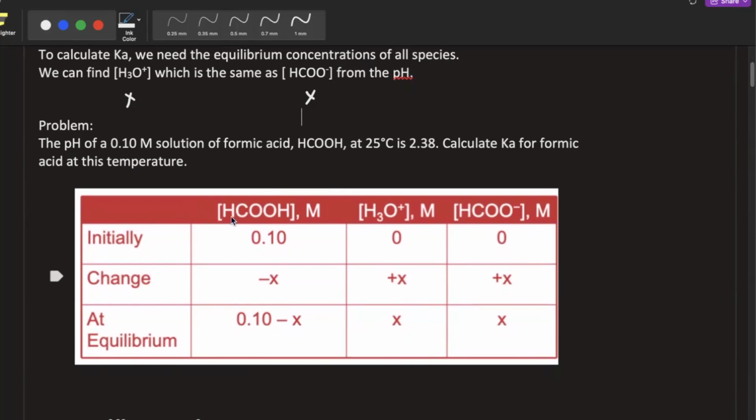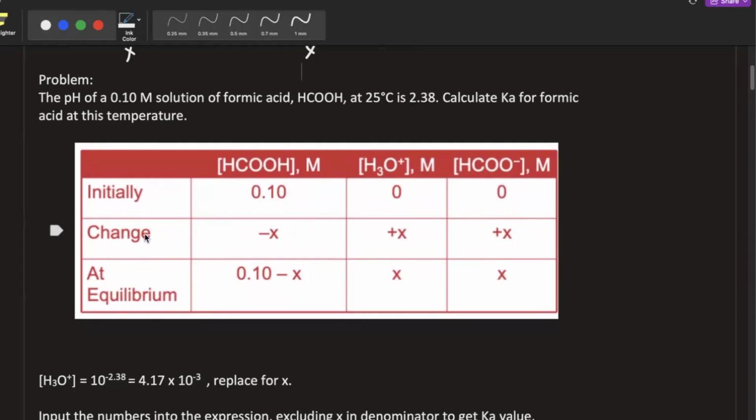We're going to write out our reactant and our products. Since we're starting with a solution of 0.1 molar, we're going to put that in our initial box for formic acid. Since it's the beginning of the solution, we're not going to have any H3O plus, and we're also not going to have any HCOO minus.